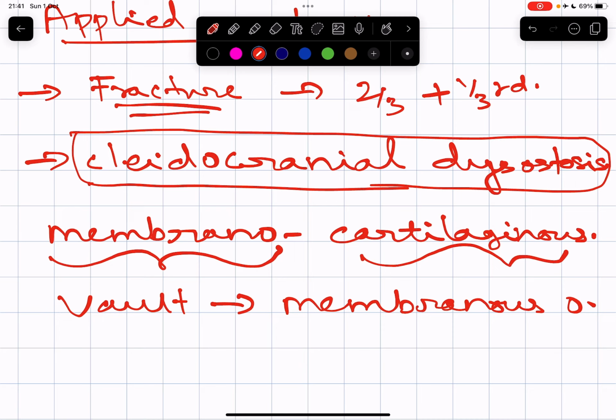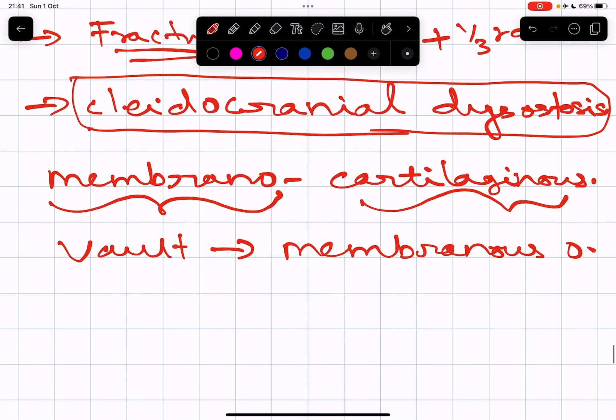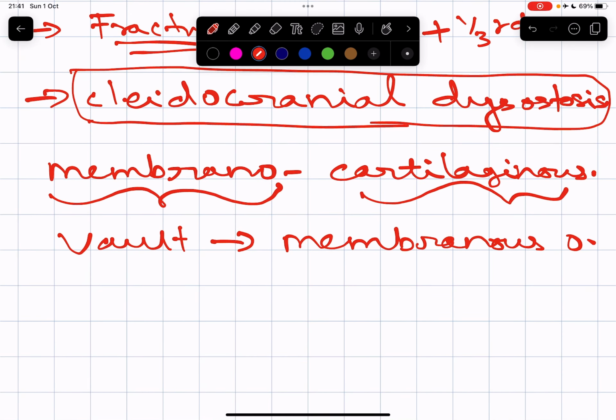So when the clavicle is absent, it may be associated with the absence of the pectoralis major muscle also. Sometimes absence of the pectoralis minor is also observed in a condition called Poland syndrome.